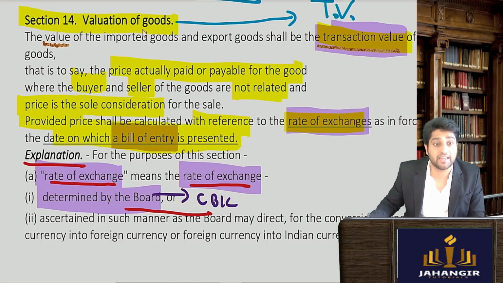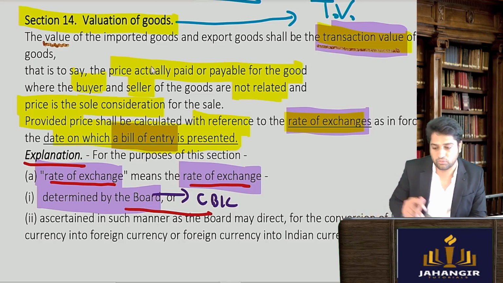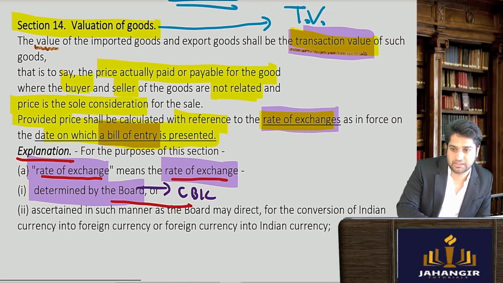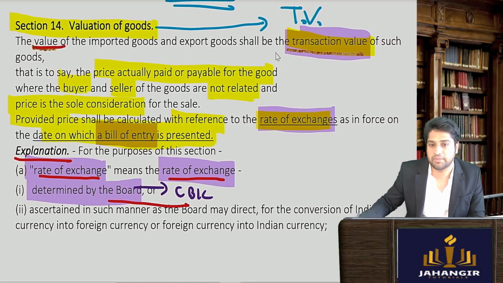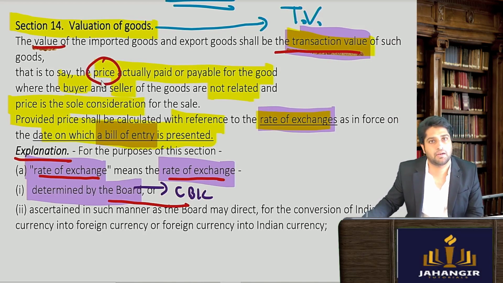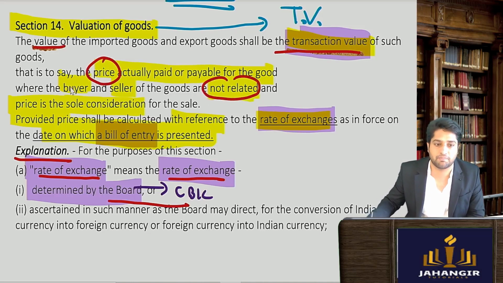So from one word you understand its importance in law. Section 14 first says the value will be the transaction value. What is transaction value? It is the price paid or payable by the buyer to the seller when they are unrelated and price is the sole consideration.